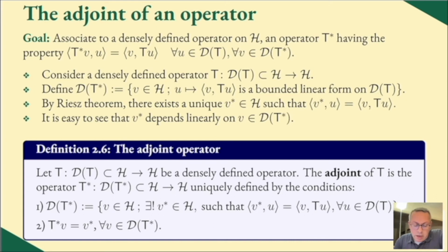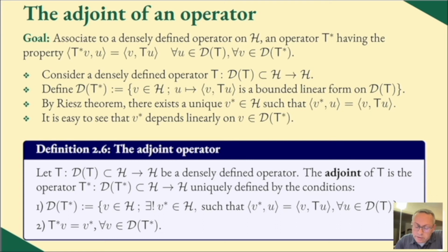Well, we consider here a densely defined operator on a Hilbert space. This condition is very important here. And we will first define the domain of the adjoint, D(T star). So it consists of all vectors v in the Hilbert space H such that the following map from D(T), u in D(T), taking values in C, is a linear form.